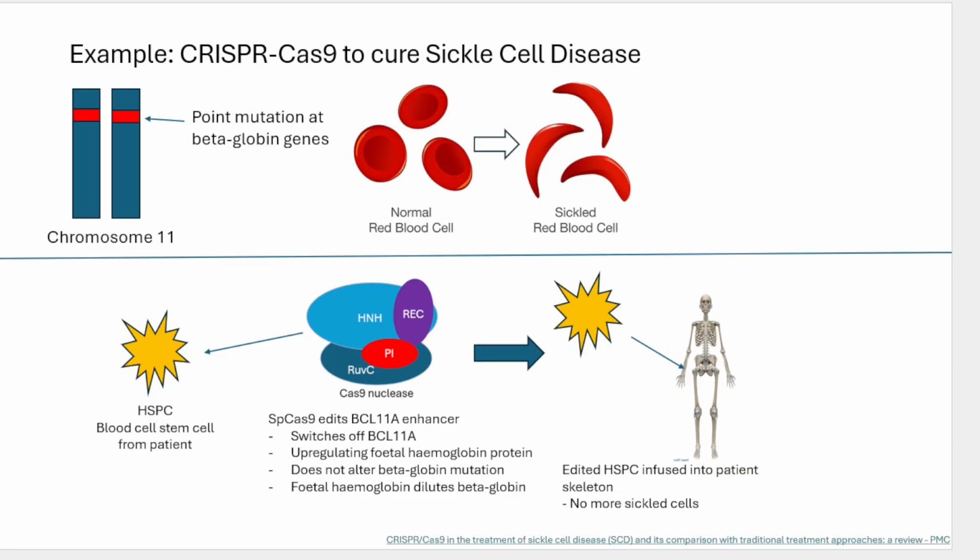In other words, you have more fetal hemoglobin to produce normal red blood cells than hemoglobin that causes sickled blood cells. It's just a stoichiometric thing. But Cas9 in a nutshell helped edit those cells. Next.